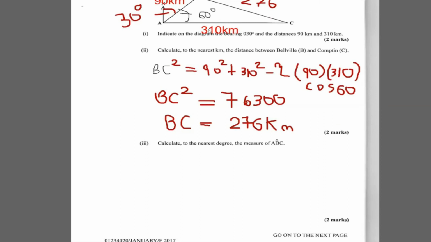Using sine rule, sine ABC over 310 is going to be equal to sine 60 over 276.